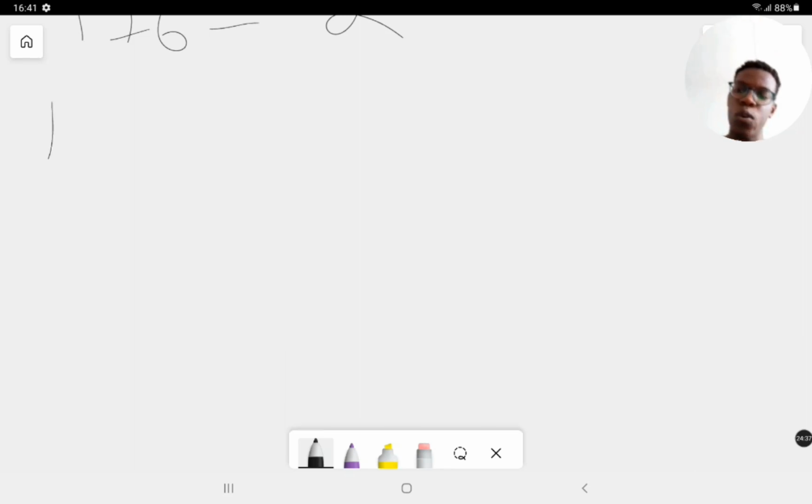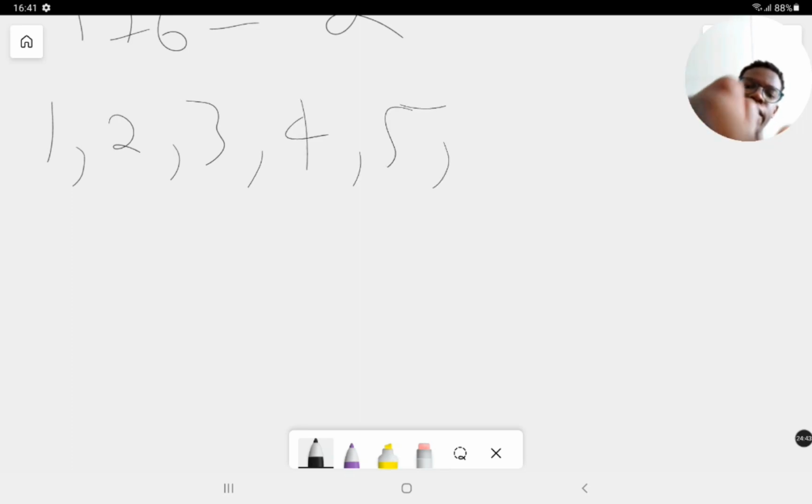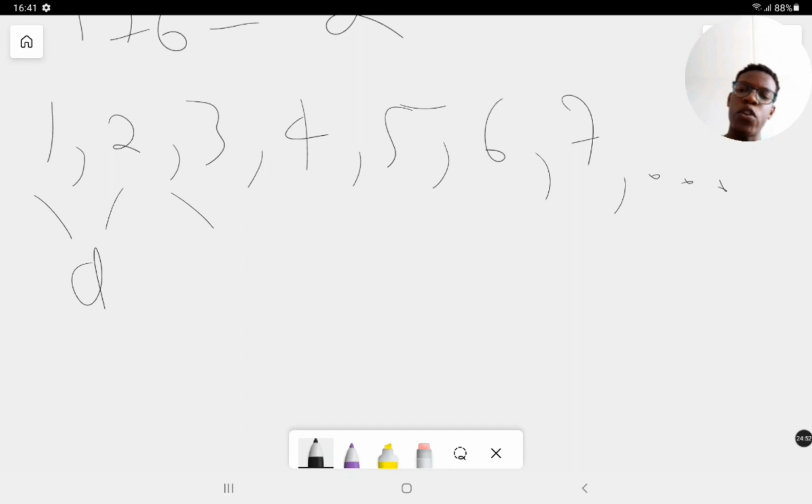The second sequence that we looked at: 1, 2, 3, 4, 5, 6, 7, and so on. Remember what we said earlier on, how do you know if this is an arithmetic sequence?